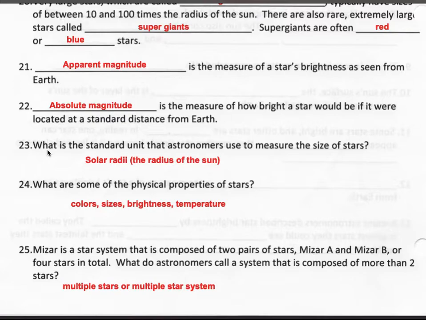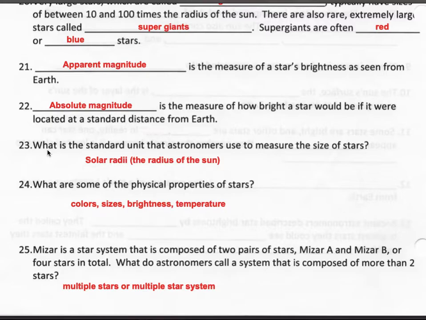Number 24, what are some of the physical properties of stars? Okay, how would you describe a star? You would talk about its color, its size, its brightness, its temperature. There's also one more that the book didn't mention. It's called the mass or the weight of the star.